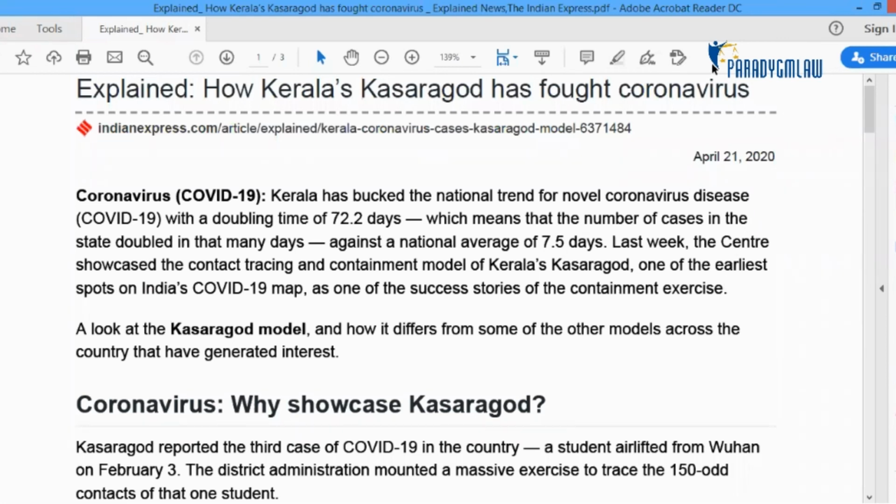This is the next supplementary reading. This is from the Indian Express newspaper, an article which talks about Kerala's district Kasargod, how it fought the coronavirus. This article is taken from the April 21st paper.